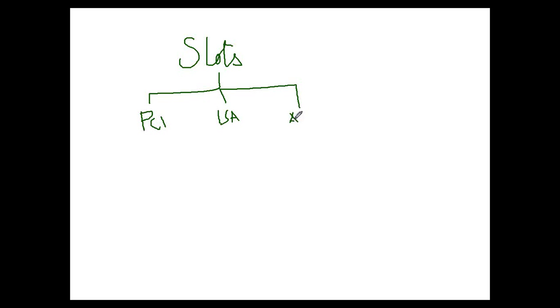And we have AGP slots, generally used for graphics cards. And in PCI we have a latest one, PCI extended, which has higher speed than the normal PCI. When it comes to AGP, we have some different graphical adapters connected over there, whereas PCI has higher connectivity.